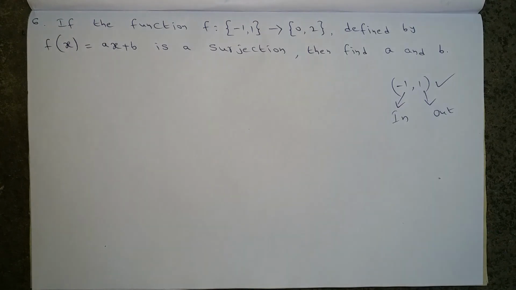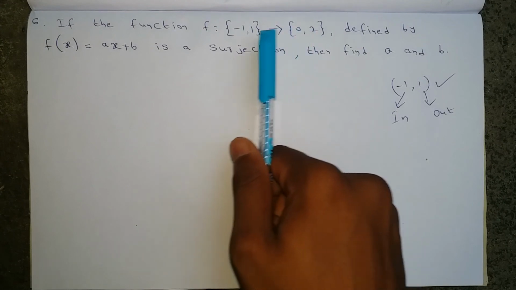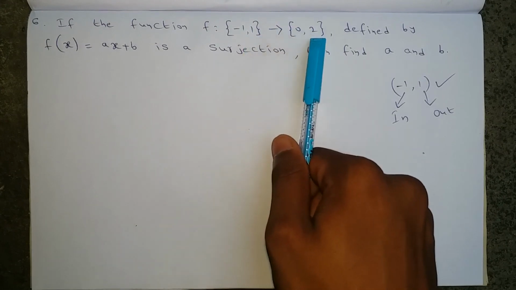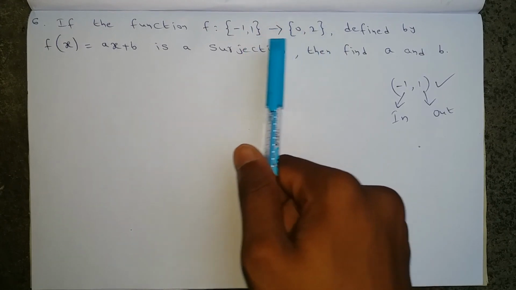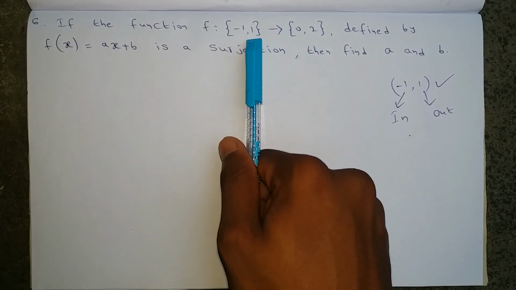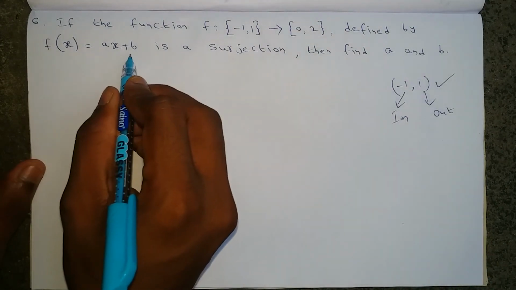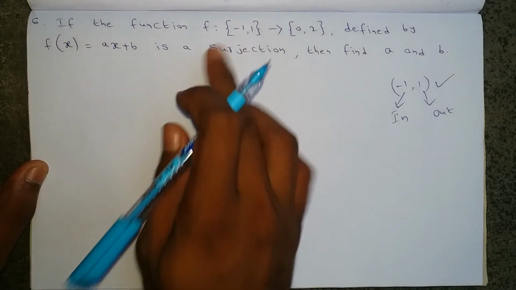So first we will take the case where, when minus 1 is substituted we get 0, and when plus 1 is substituted we get plus 2. Next, in the second case, when minus 1 was substituted the answer is plus 2, and when plus 1 is substituted the answer is 0. So we will solve 2 cases. First one, f of x is equal to ax plus b. I am taking minus 1.